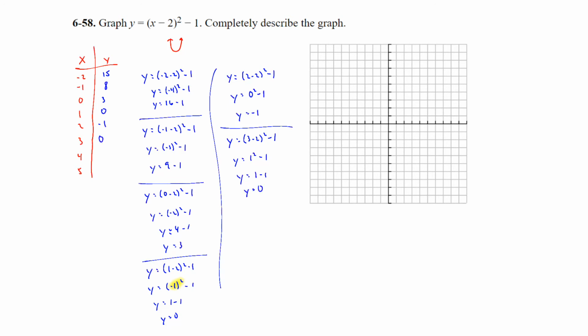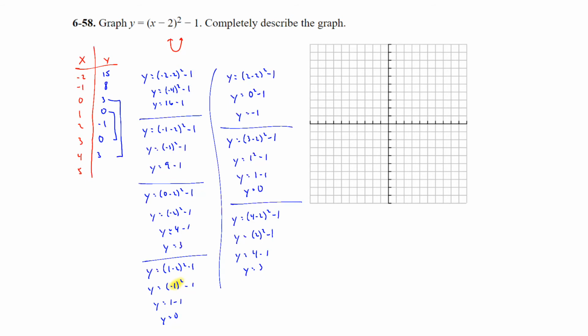So there you start to see that first repeat number. What do you think is going to happen when you plug in 4? Well, 4 minus 2 is 2. 2 squared is 4. Well, we had one of those earlier, but it was (-2) squared. But either way, you still get 4, and your output is 4 minus 1, which is 3. So once again, you see another repeat.